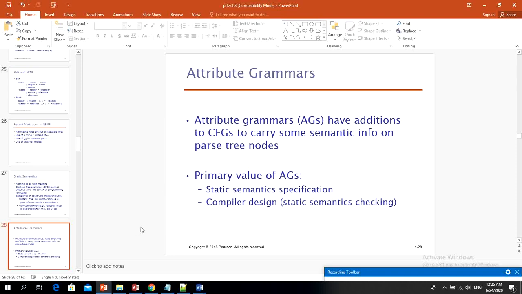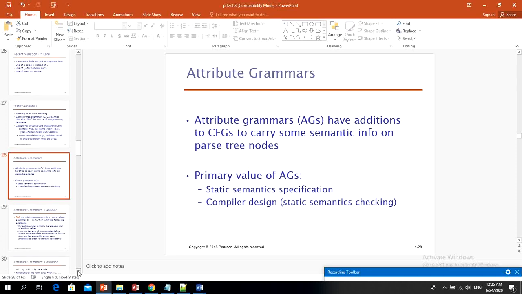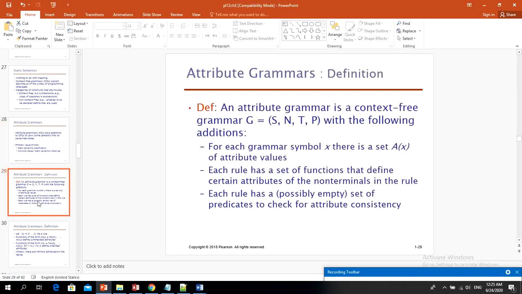The primary role of these attribute grammars is that static semantics specification is explained in the program units, and also in compiler design static semantic checking. There is some checking for the syntax in compiler design. So some programming languages have to explain some sort of semantics in checking the syntax of the language. This is the attribute grammar definition.